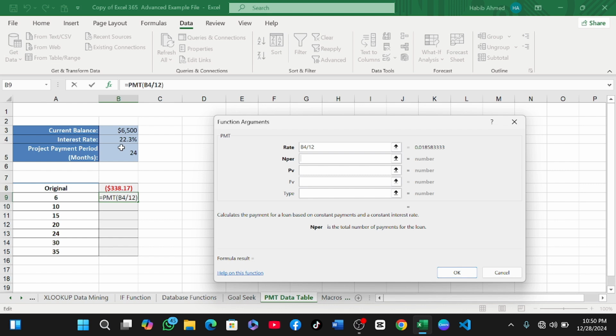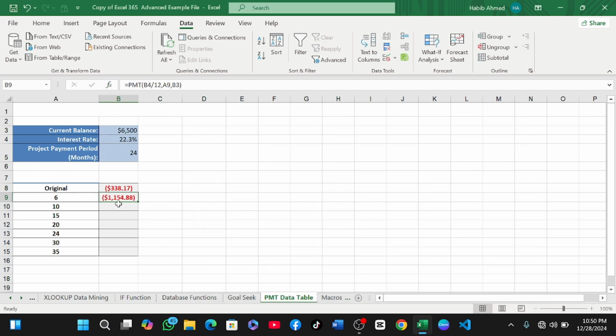Now instead of clicking on 24 months, you will click on the number of months that you want to pay, which is now 6 months. This is in A9. The present value is $6,500, in B3, and you click on OK. Now if you want to pay off your debt for a period of 6 months, you will pay a higher amount, but your interest will be lower.